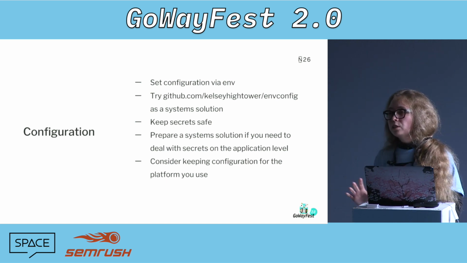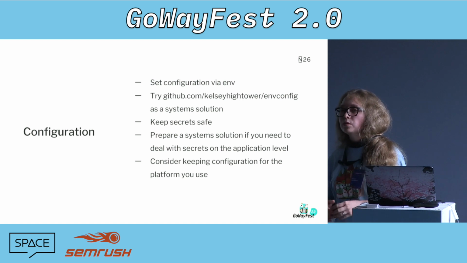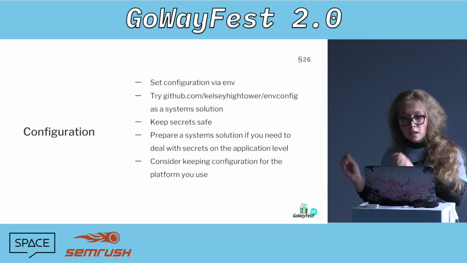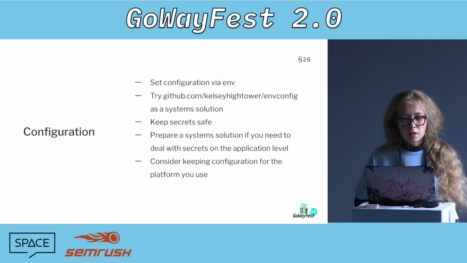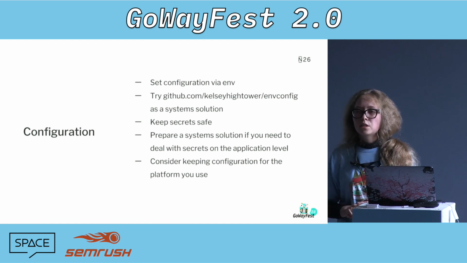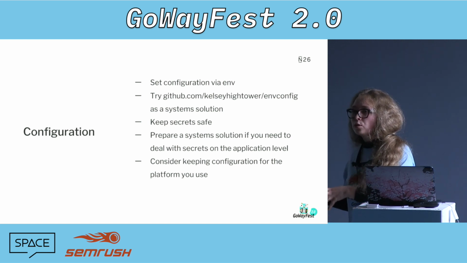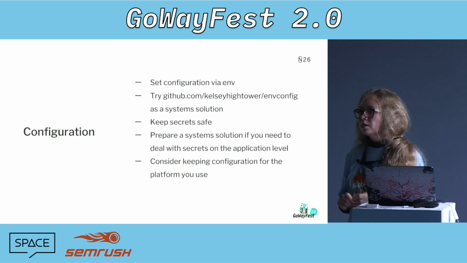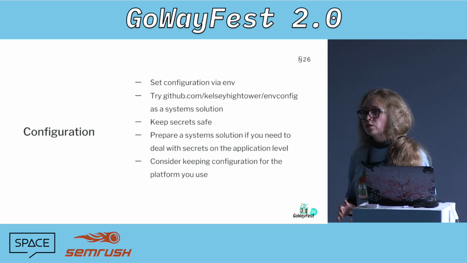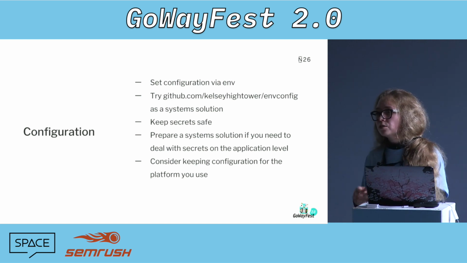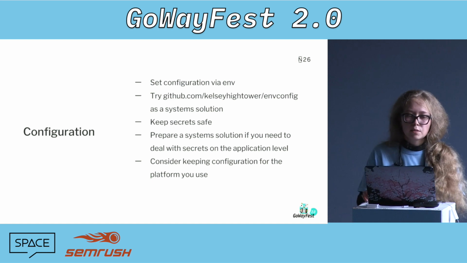Personally, I always try to use it because it helps to keep your configuration nice, structured, and very well written. You also probably have some secrets that you want to provide from some secret storage, like Vault, for example. And in this case, it might make sense to provide a nice solution to deal with Vault, maybe something similar to envconfig. You can see how it works and create something very similar.